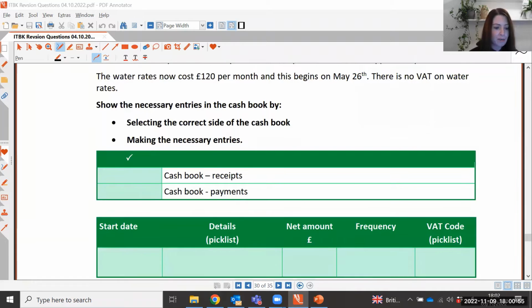So the first part of the task, we need to show the necessary entries into the cash book. And yes, you're absolutely right. It would be the cash book payments. So the water rates is of course a payment that is going out of the business bank account, so therefore it's reducing the asset of cash in the bank, so therefore it'll be the cash book payments.